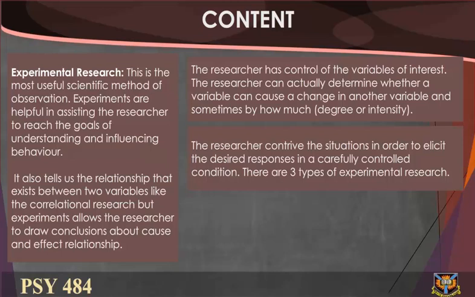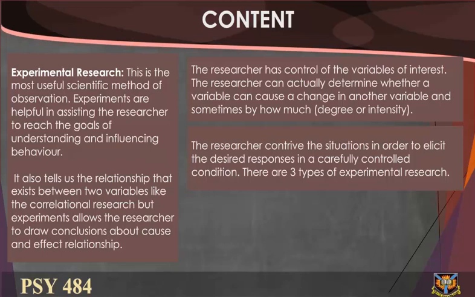The researcher has control of the variables of interest. The researcher can actually determine whether a variable can cause a change in another variable, and sometimes by how much, degree, or intensity. The researcher contrives the situations in order to elicit the desired responses in a carefully controlled condition.